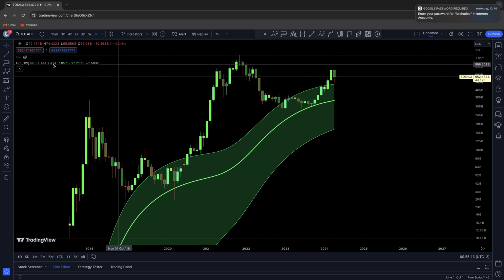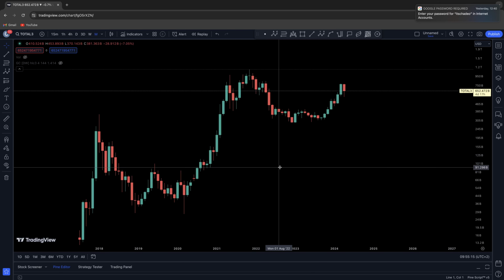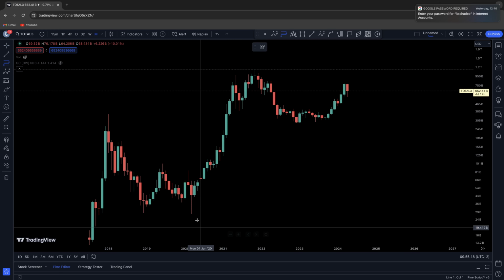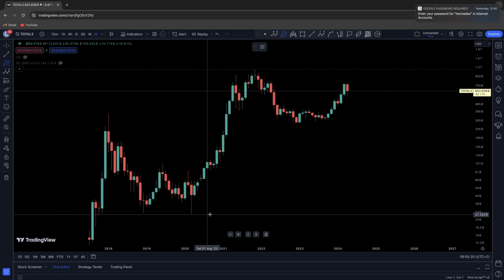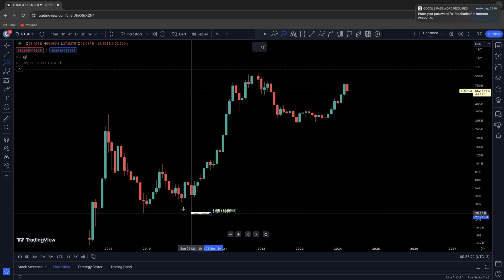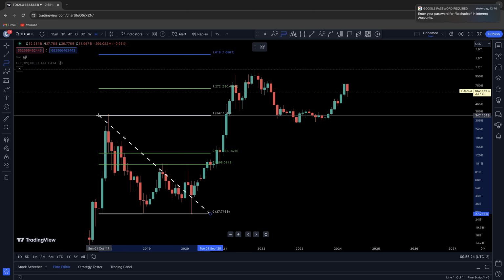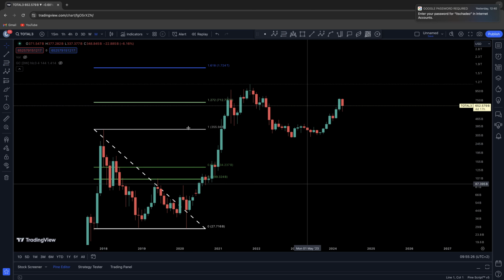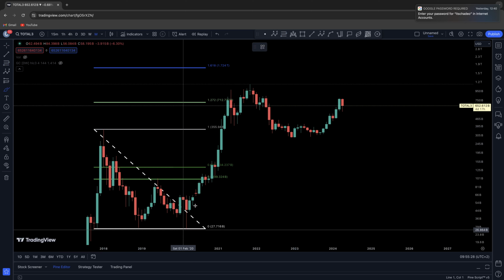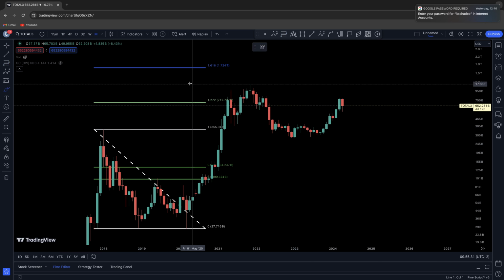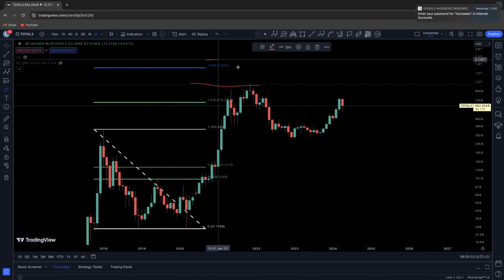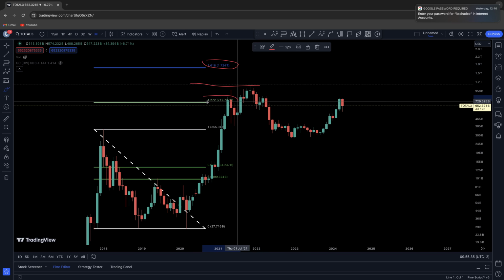So before I go, I just wanted to show you guys that if we get a Fibonacci on from the last bear market low in 2020, retracing it to the previous bull run high, you'll see that the price of the TOTAL3 market cap literally met right between the 1.618 and the 1.272.